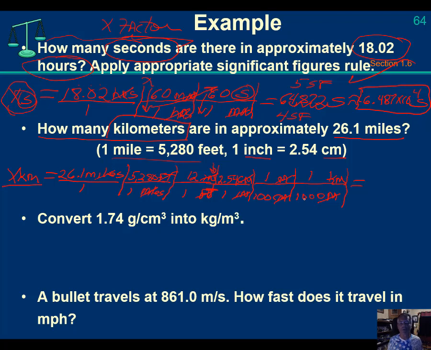Now, a lot of people are uncomfortable with that, and so they choose to multiply 26.1 times 5,280 times 12 times 2.54 times 1, and they'll come up with a product for that in the numerator. Then they'll multiply 1 times 1 times 1 times 1 times 100 times 1,000, and they will put that product in the denominator, then do their division.